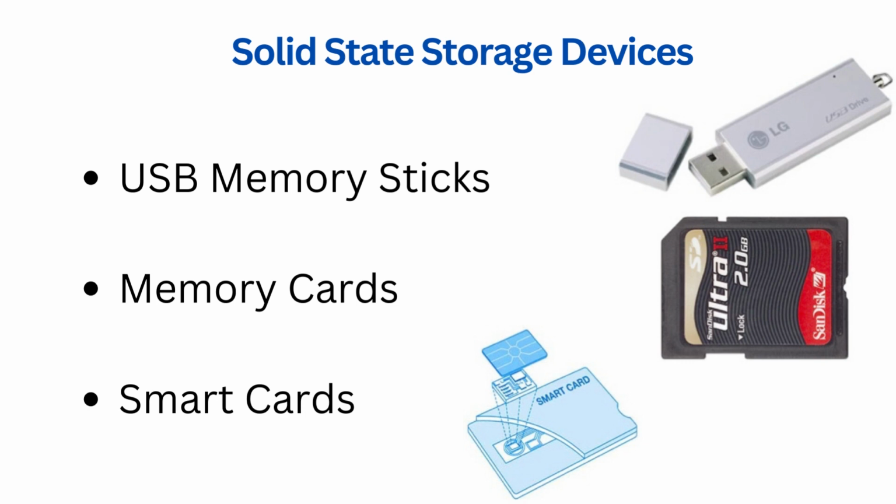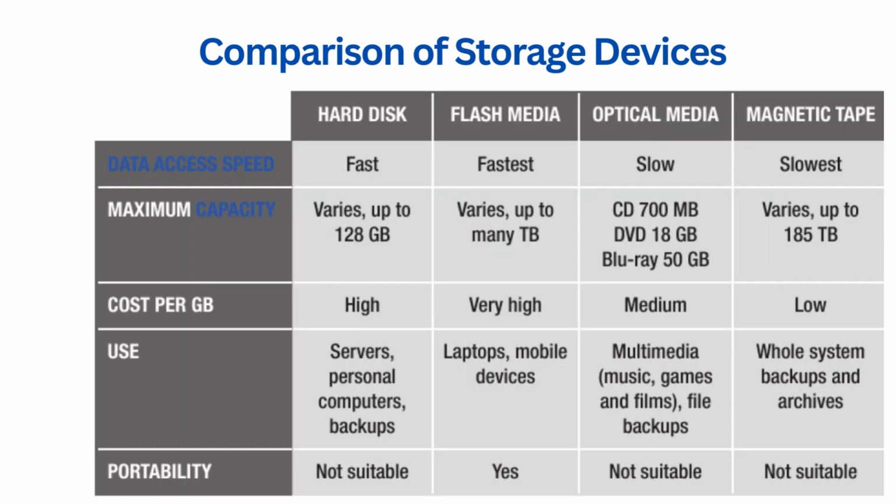Cards with flash memory are called smart cards. Okay, so now I guess you have learned many real life examples of solid state storage devices, and you are using them in your day-to-day life as well. So next we will move on.